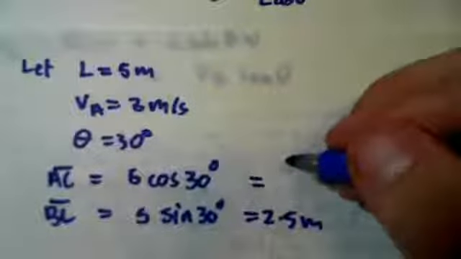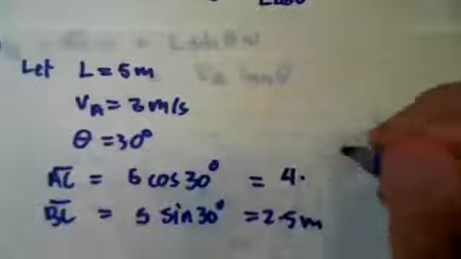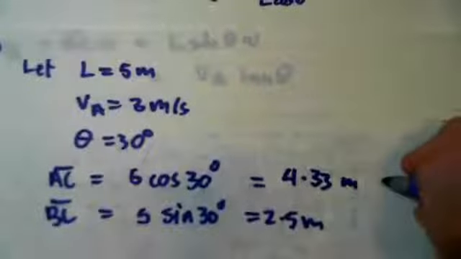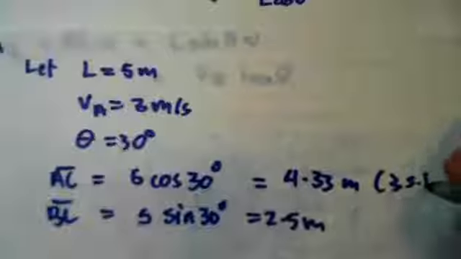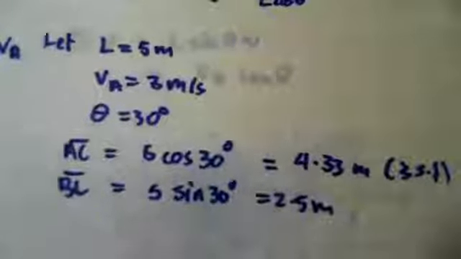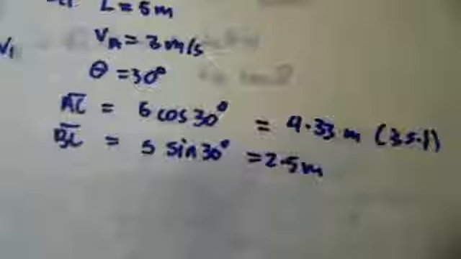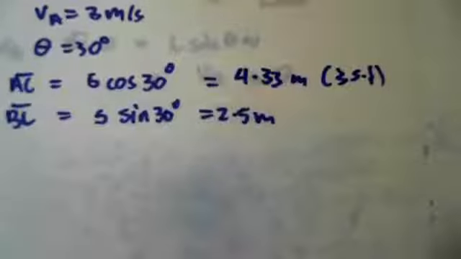And this term in here is 4.33 meters to 3 significant figures. But we'll leave it in the calculator so that we can be more accurate when we go to solve the question finally.